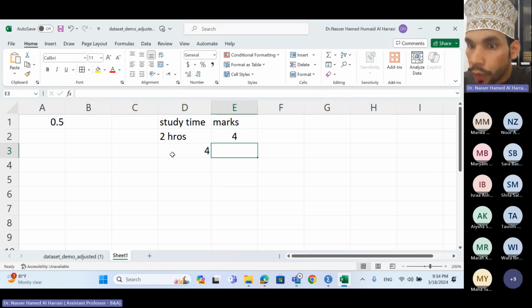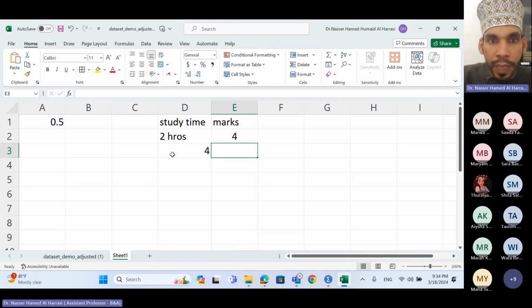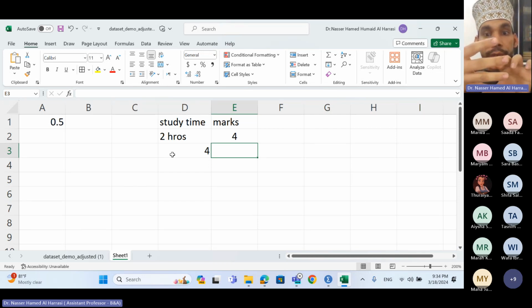In a normal situation, if 2 hours gives 4 marks, how many marks will I get for 4 hours? 8. Excellent. Normally it is 8, but here I'm saying it is 0.5. That means 50%. So it is not 4, it is only 50% of 4, from the double. What is 50% of 4?